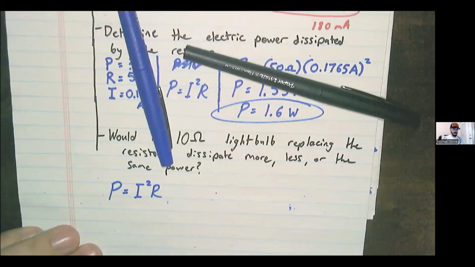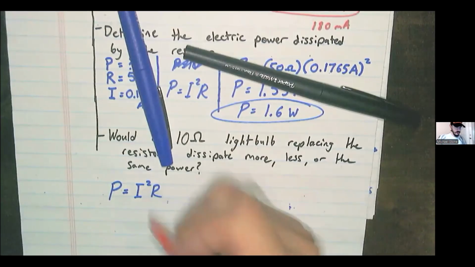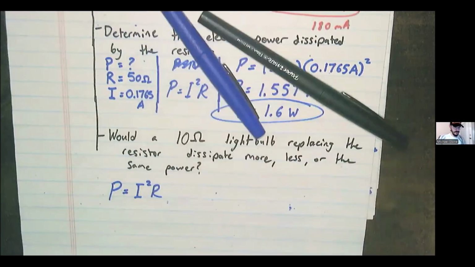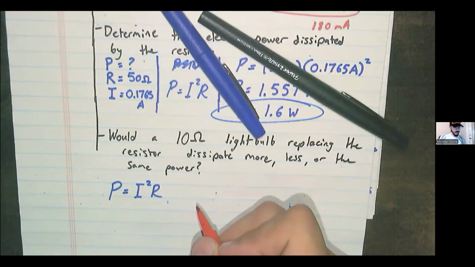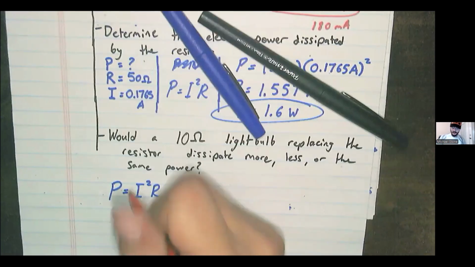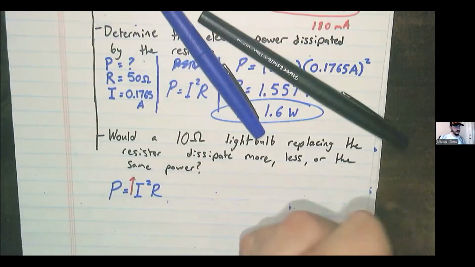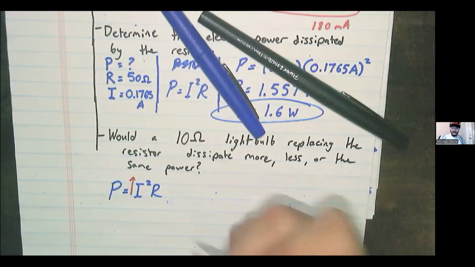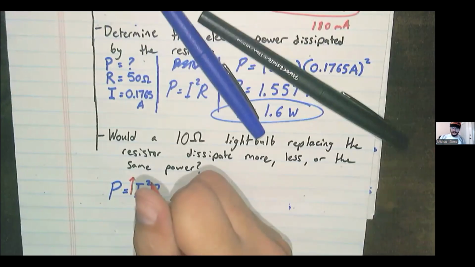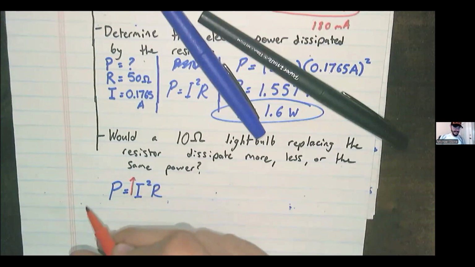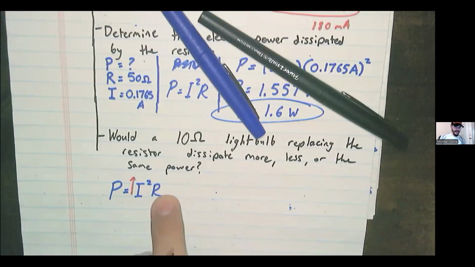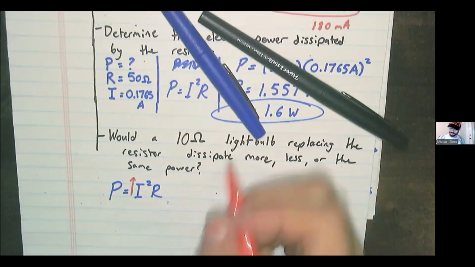Well, you could either math it out or think it out. For those of you who are willing to do it proportionally, if resistance went down in the circuit, current goes up. There's your answer. If this goes up and then it gets squared, who even cares about that value? You know this is going up.